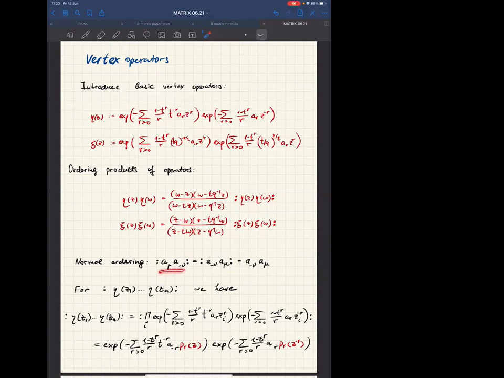So this expression means that we switch the order of these operators, and then we can remove the dots. If you take a product of two such operators, you will have an alternating product of negative modes, positive modes, negative modes, positive modes, and you want to commute the exponentials of positive and negative modes together. That commutation comes at the cost of a rational function written over here explicitly.